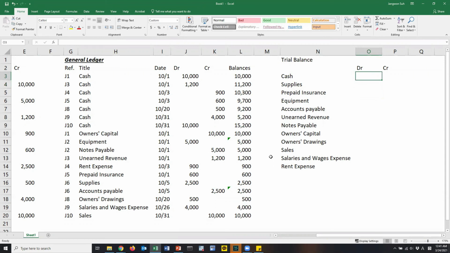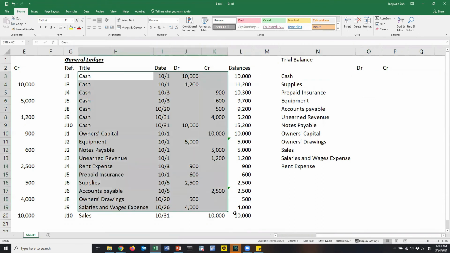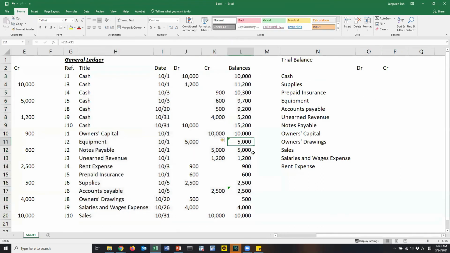I was about to say that let's find the account from this table and then return the balances. But actually, for cash, we have multiple line items. So we cannot use the function that I was thinking. So let's move on. Oh, sorry about that.